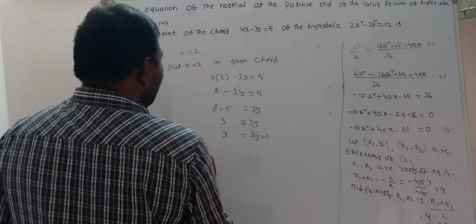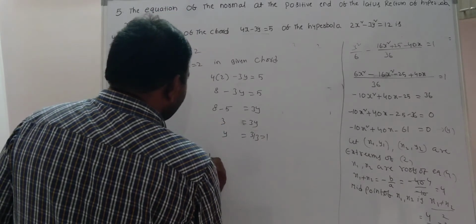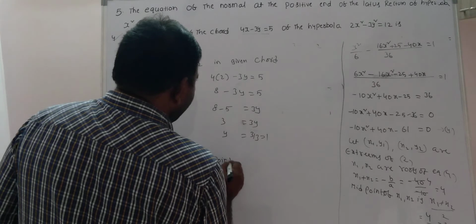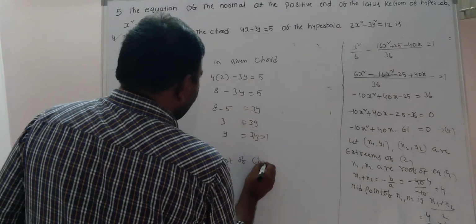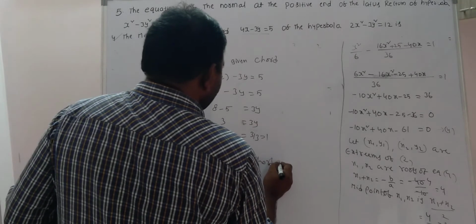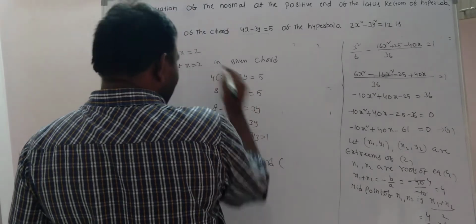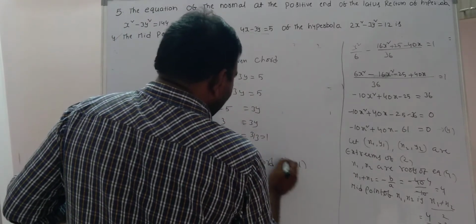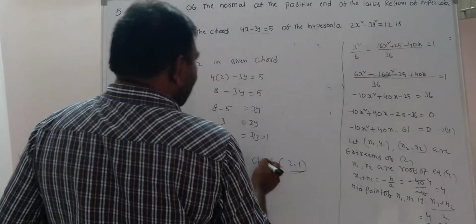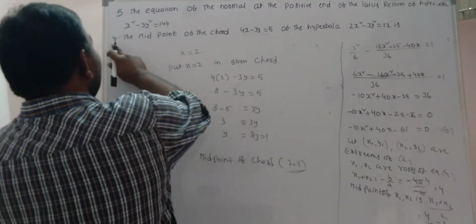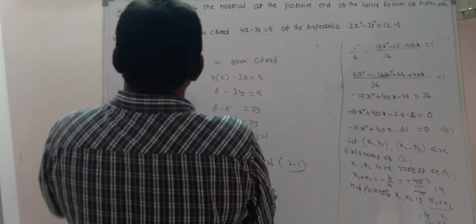So the midpoint of the chord, the x value is 2 and the y value is 1, is (2, 1). This is the midpoint of the given chord. So the fourth solution is also completed.